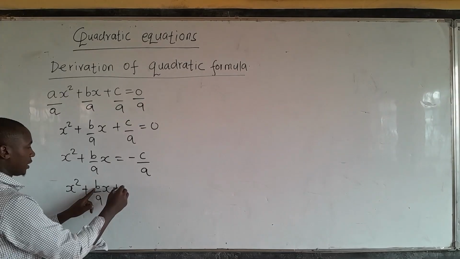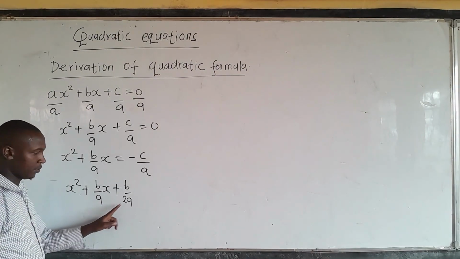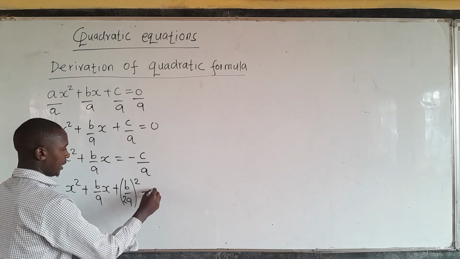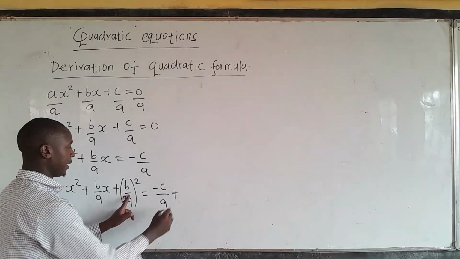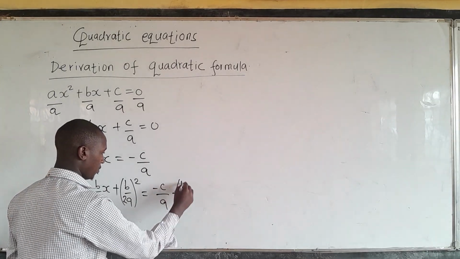Now I take b over a, divide it by 2, and square it. Whatever I get, I add on both sides. That's going to be x squared plus b over a x plus b over a divided by 2 squared equals negative c divided by a, and we add the same thing here, b over a divided by 2, squared.